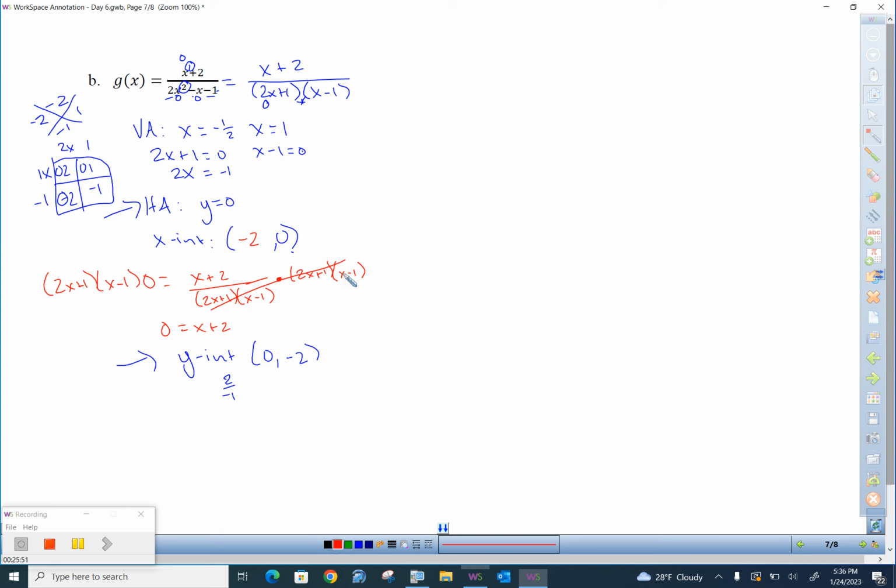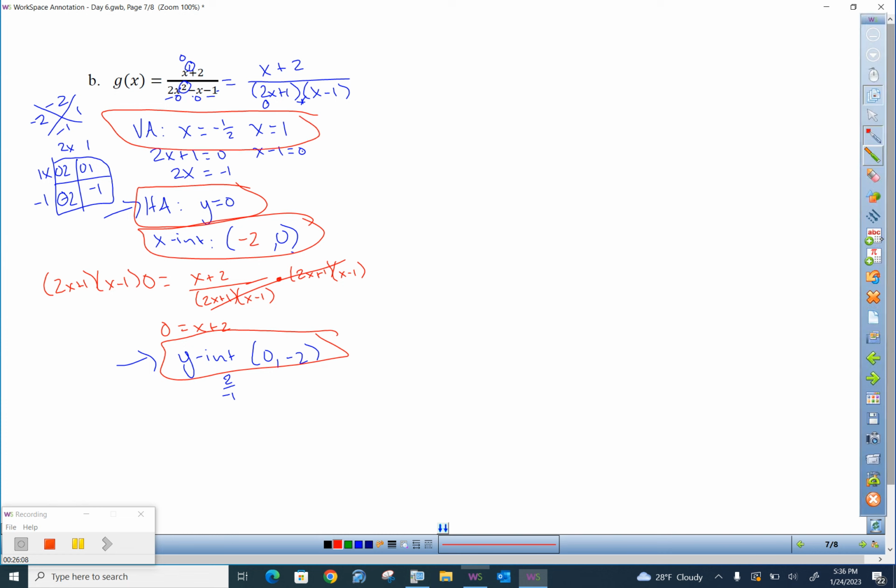And now that we have all of that information, we are ready to graph. Okay, so we're starting here, and let's think ahead a little bit, like I was talking about. This time we have asymptotes kind of balanced on each positive and negative, so it's okay to have our y-axis in the middle. Okay, so we'll start with that.